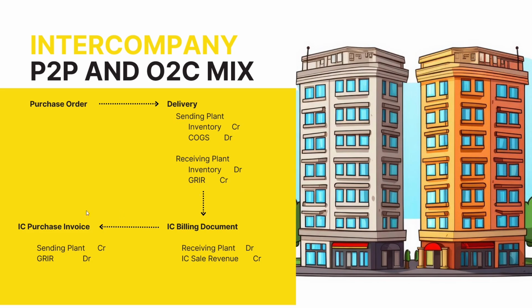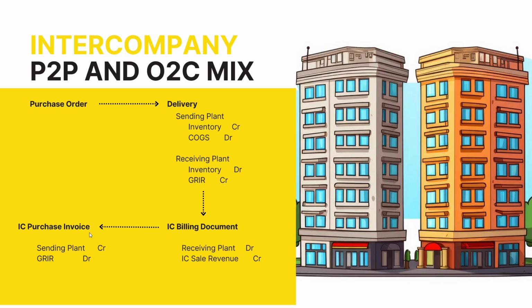After that, we create a billing document in the sending company code, that means company code A. Against this delivery, we go to the transaction code VF01 and create a billing document, with the receiving plant as the customer, which is created on the sending side. The receiving company code B is created as a customer in company code A, and that company code B plant is debited and the intercompany sales revenue is credited.